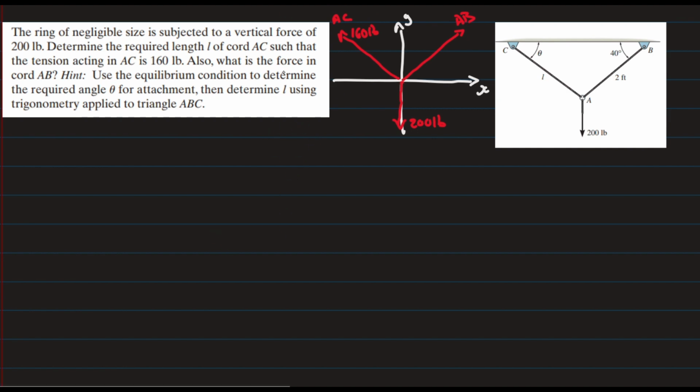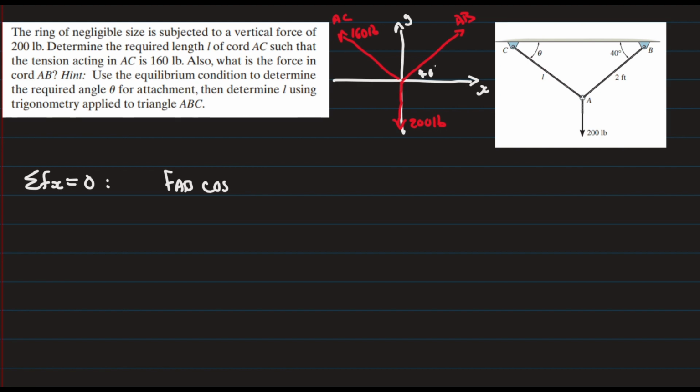So the next thing that we have to do now is to sum up the forces in the x direction. So the sum of the forces in the x direction is equal to 0 at equilibrium. Now we have force AB in the positive x direction, so we have force AB cosine of 40 degrees.